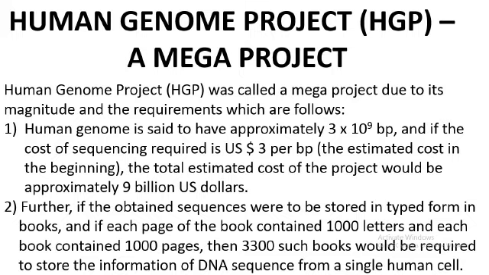Imagine what is the magnitude of the books. So for one human cell to note down the gene sequences, 3,300 books were required. So you can imagine the magnitude of this project. That's why we call this project a mega project.